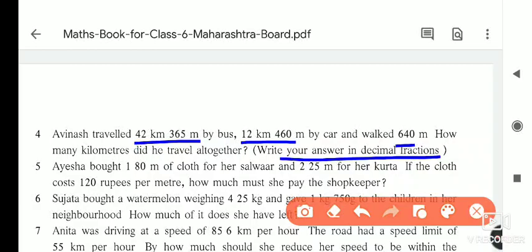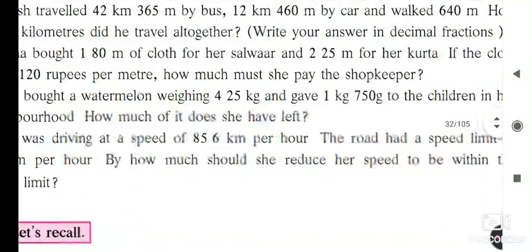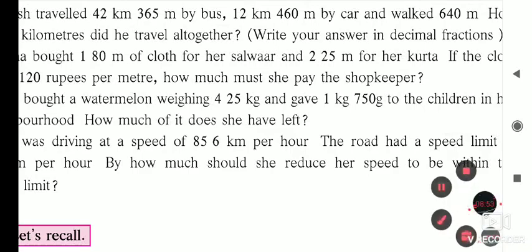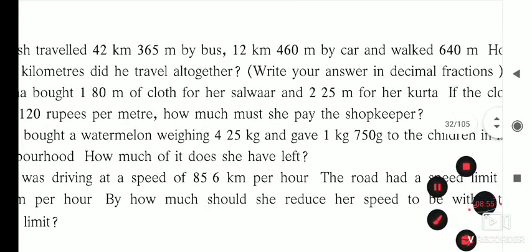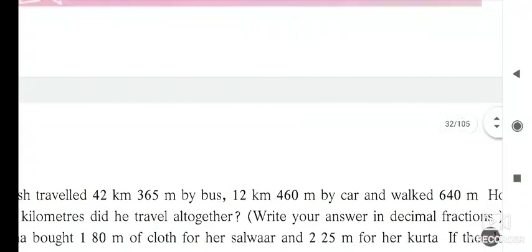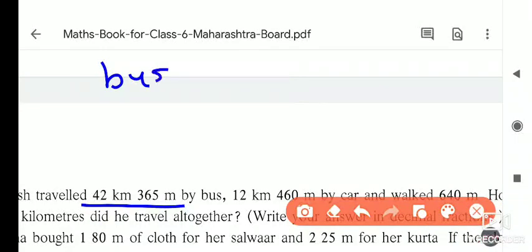Okay, so it is very easy. So first of all, I will write the answer here. Just see here, the questions are in front of you. So by bus, how many kilometers did he travel?